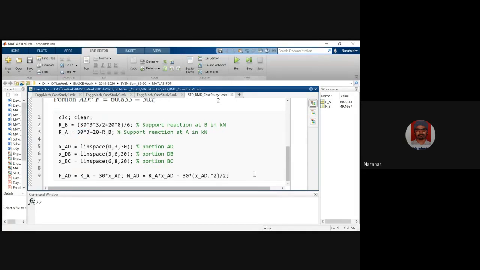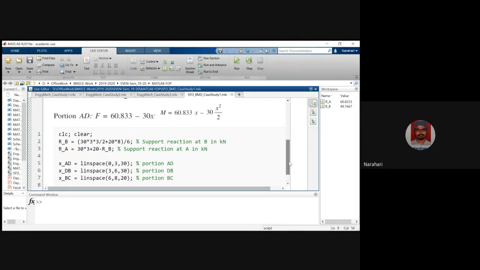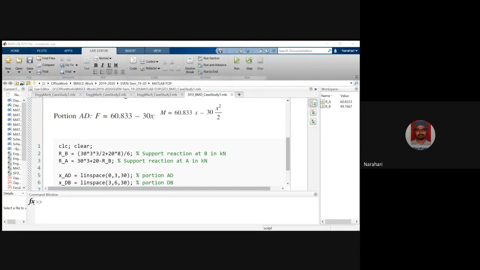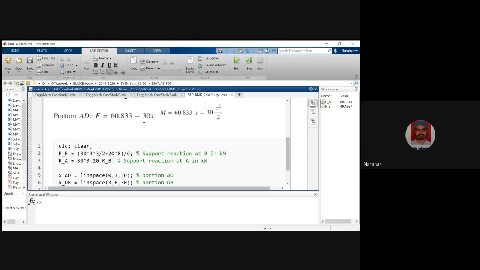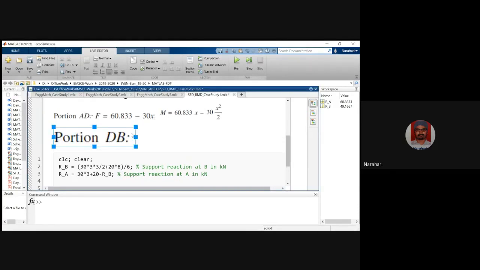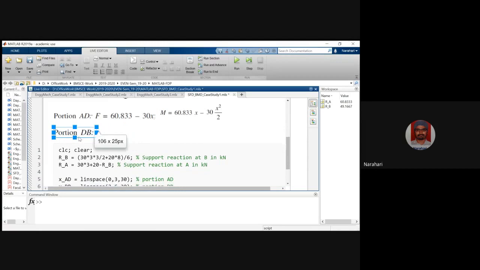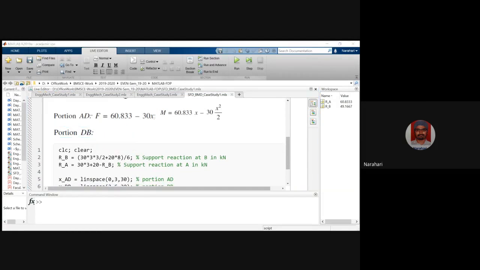So this is the portion AD. Now for portion DB, I have to hurry up a little bit.